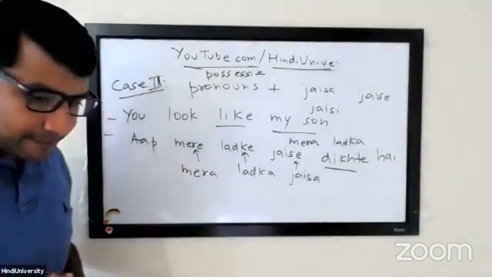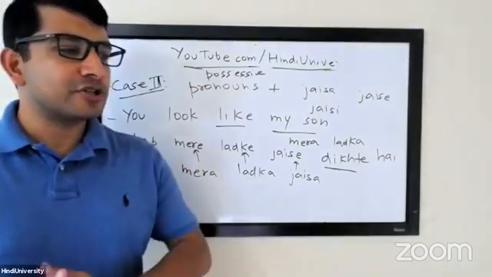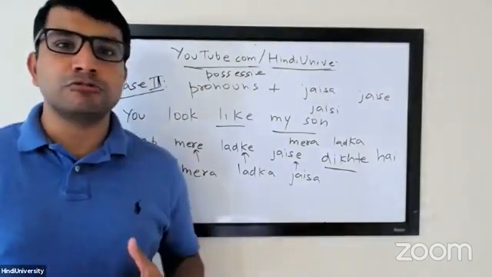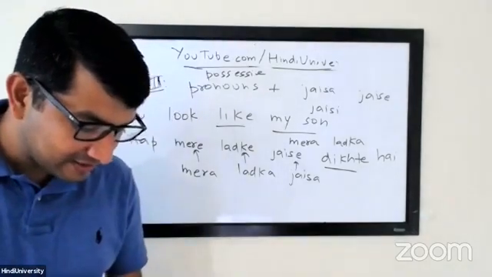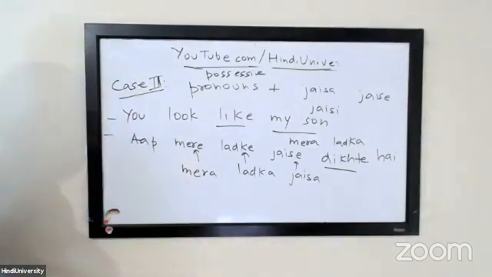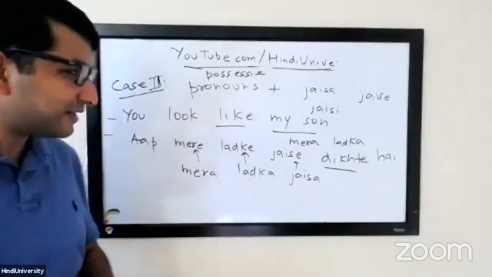Okay, Tom, if I have to ask you this question, let's say the question is you run like Usain Bolt. How will you say that? You run like Usain Bolt, the fastest runner in the world, right? One of the fastest runners. Now it's going to be, may I use his name?